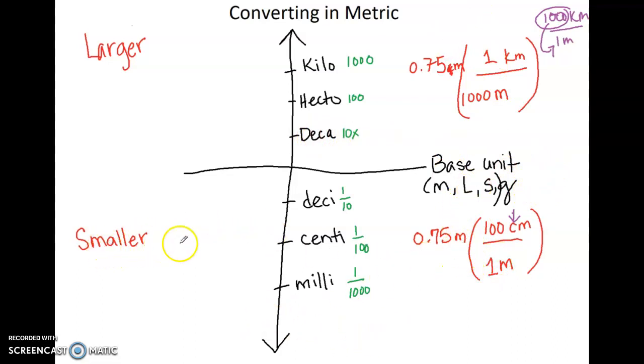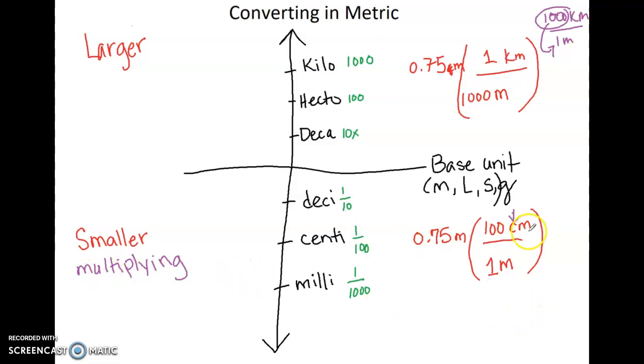When we're going smaller, you're going to notice that we're going to be multiplying by that power of 10. We're going to be multiplying by 100. We're going to be multiplying by 10. We're going to be multiplying by 1,000. And obviously, that's assuming that this is how you're setting it up. If you are setting it up differently, you might run into something different. This is how I'm going to be setting it up.